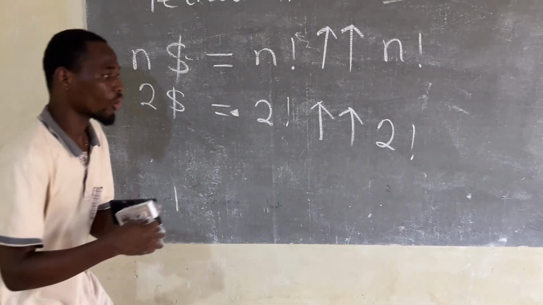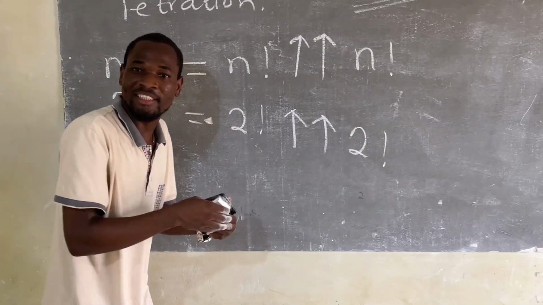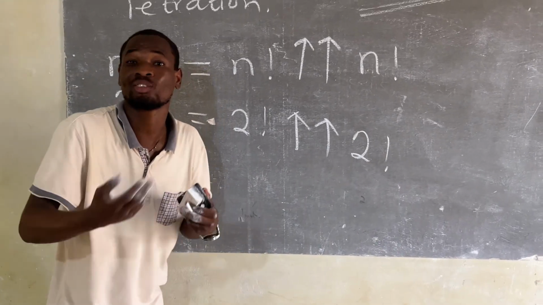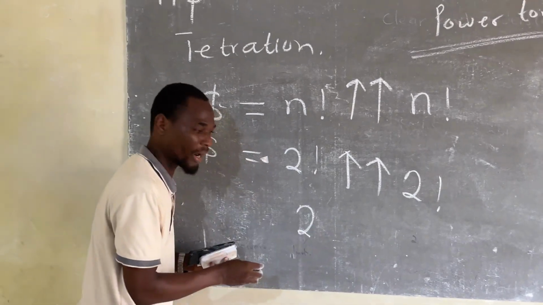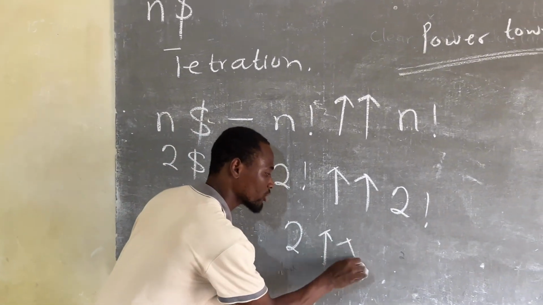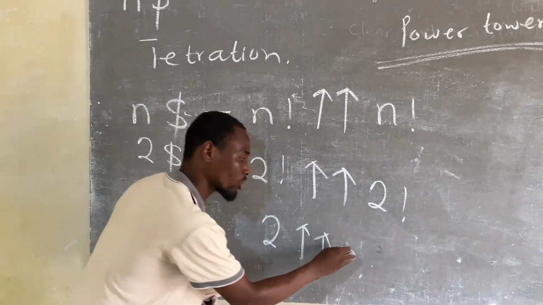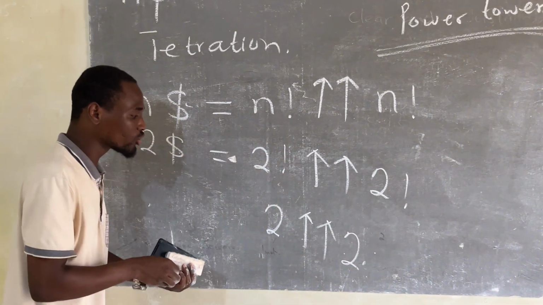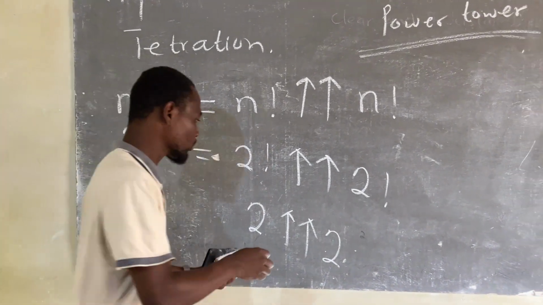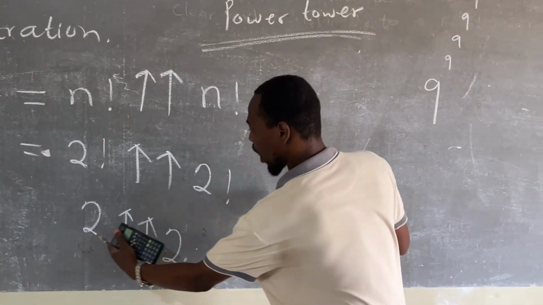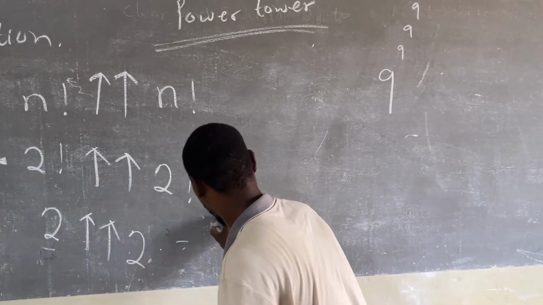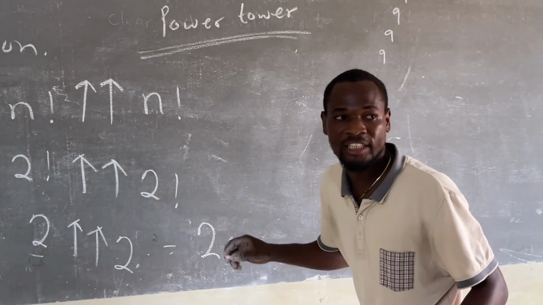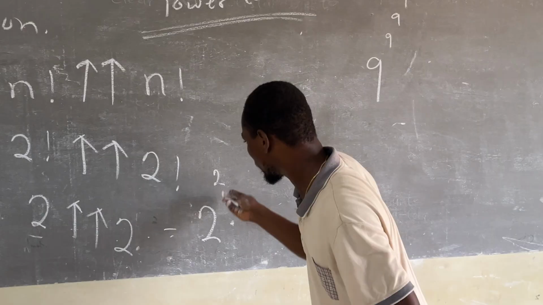So viewers, what is 2 factorial? We've been doing these things. 2 factorial is the same as the number 2, tetrated to 2 factorial, which is the same as 2. So what is 2 tetrated to 2? I have my 2 here, raised to an exponent of 2.